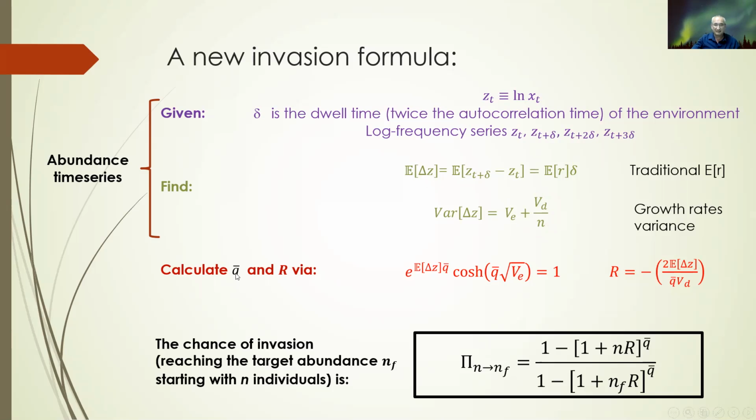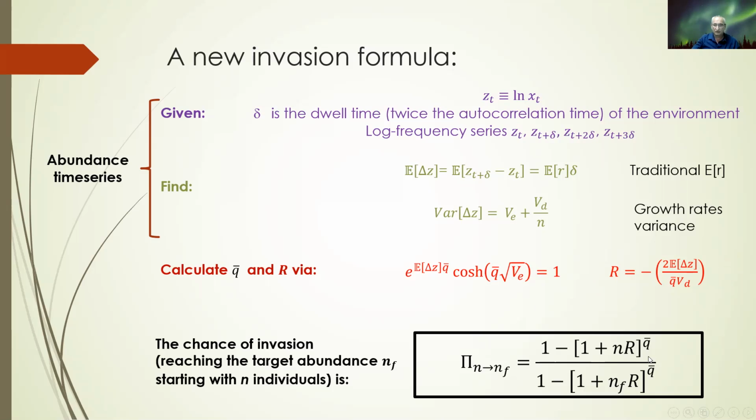Once these parameters are given, one has to calculate Q bar from these transcendental equations. We have approximate solutions for this transcendental equation that work very well. So it's not only numerics, we can proceed from this point analytically, and also the parameter R that I define here. But again, all these parameters are calculated very easily when we have E, VE, and VD.